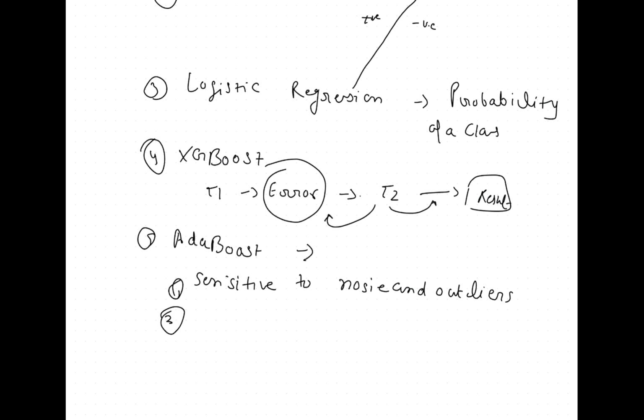It works better when weak learners are just slightly better than random guessing. So that's why this is very popular. And this is the explanation, just the big picture about today's part 2.